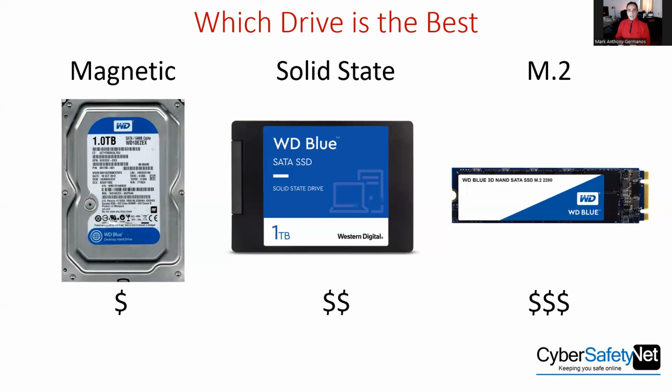But still, you'll find that when you go shopping for computers and you look at the drives that come with the computers, the ones that come with the solid state or the M2 typically are more expensive. It's partly because of the storage media, partly because you're getting higher quality components altogether. Let's also talk about the speed. This is the slowest. The M2 is the fastest. And of course, the solid state is the happy medium.